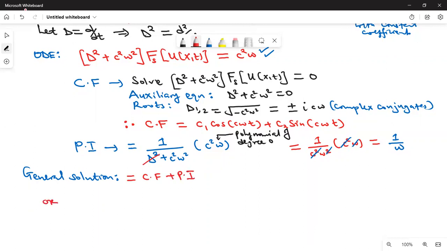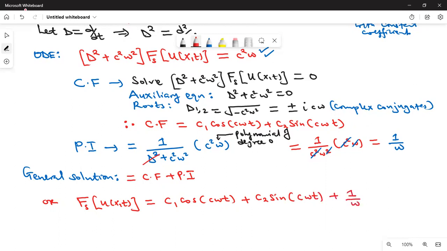Or what we write is the Fourier Sine Transform of u of x,t is equal to C1 cosine of c omega t plus C2 sine of c omega t plus 1 over omega. That's what we have.